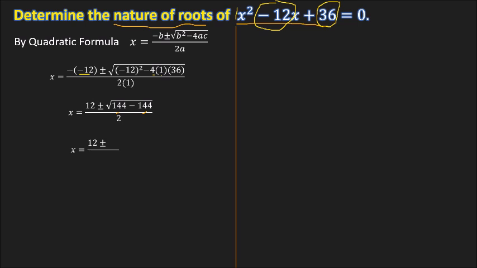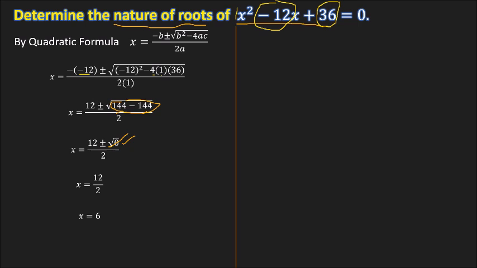And simplifying the operation inside the radical, 144 minus 144 equals 0 here, 0. So 12 plus or minus the square root of 0 all over 2. And by eliminating 0 because it's no longer significant, 12 divided by 2 is equal to 6.